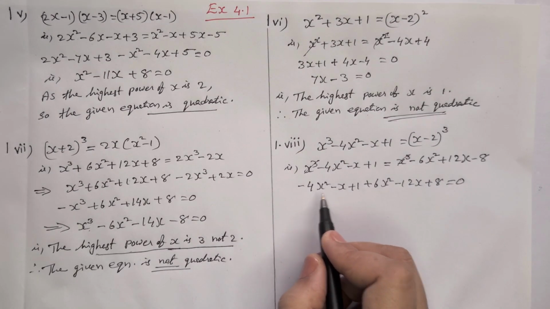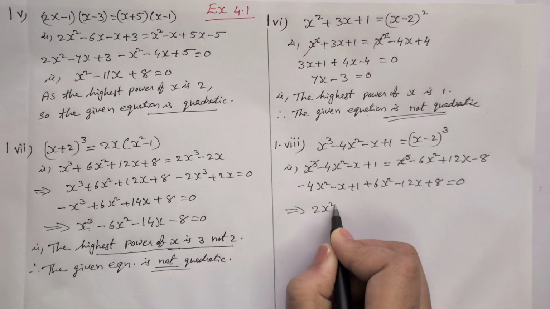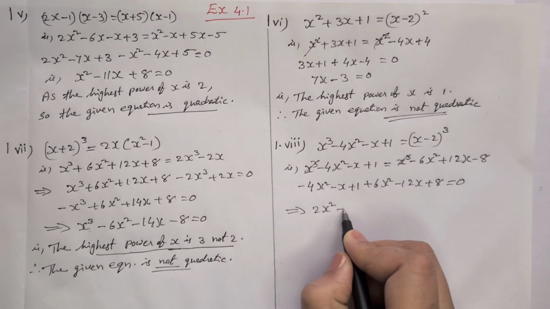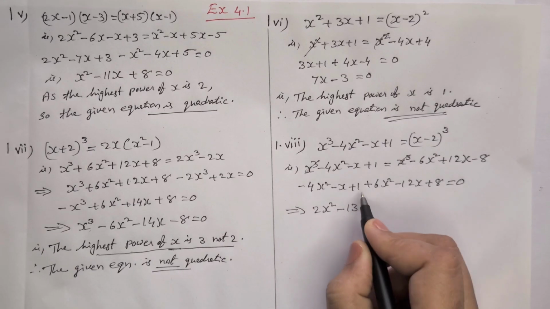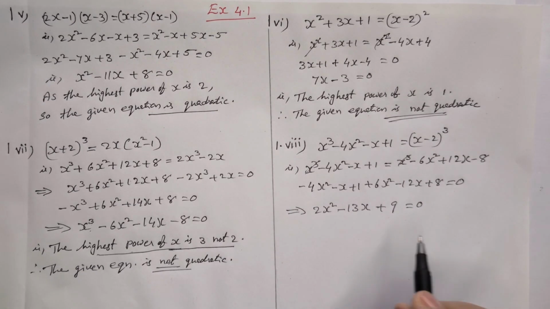Now here minus 4h square and plus 6h square means 2h square. Minus h and minus 12h means minus 13h. 1 and 8, so plus 9 is equal to 0. Finally, we are getting 2h square minus 13h plus 9 is equal to 0.